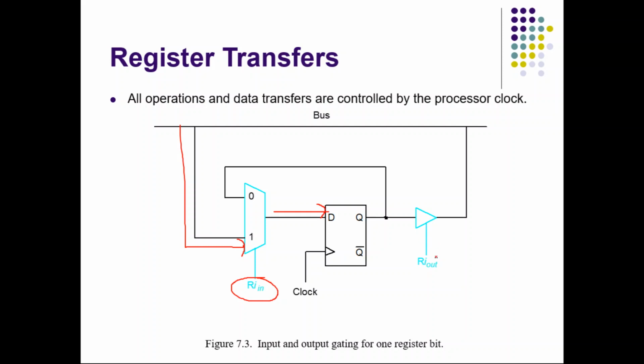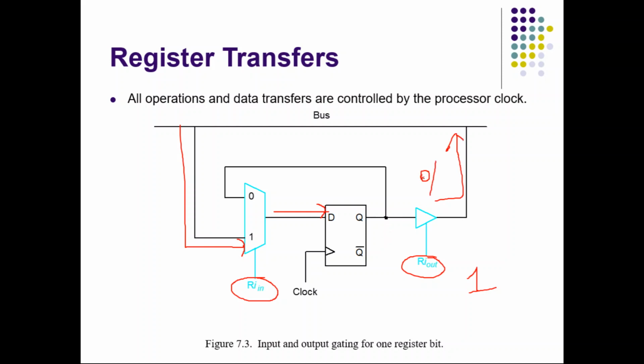And then here you have Ri out. We are not discussing 16 bits; for 1 bit, we are just trying to understand how it will be internally implemented. If Ri out is activated, if Ri out is enabled, then whatever the output of Q will be placed on the system bus. The output of Q can be either 0 or 1.